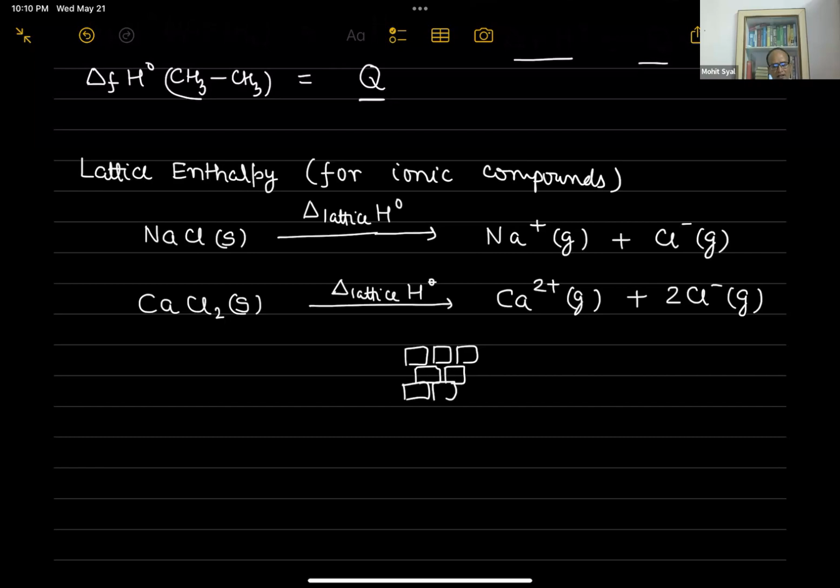I need to put in energy to break this wall. So this is positive sign. Is it clear? Yes. I need to put in energy, then only it is going to break.